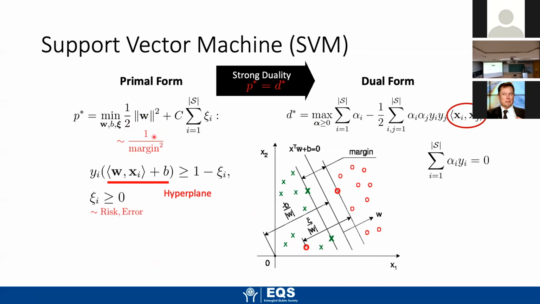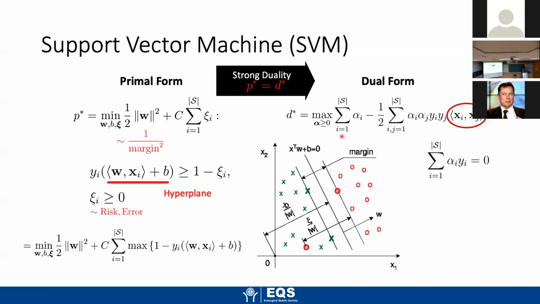So in the primal form, you want to get the optimal W, which is a plane vector, B is bias, as well as error. By the way, these two equations are equal. But this is much harder, because we don't know W, and we have to evaluate this inner product every time we update W and B. So yeah, the dual form is easy.